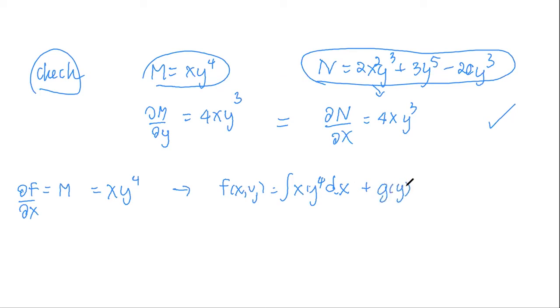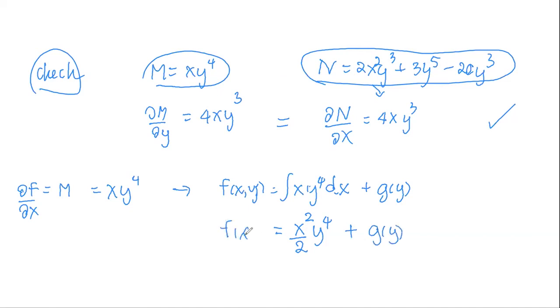We repeat the g and h all over the place, but in this step, g of y is the constant of integration, in terms of y. All right, so the integral of xy to the fourth with respect to x would give us x squared over 2 times y to the fourth, which considers y to the fourth the coefficient, plus g of y.